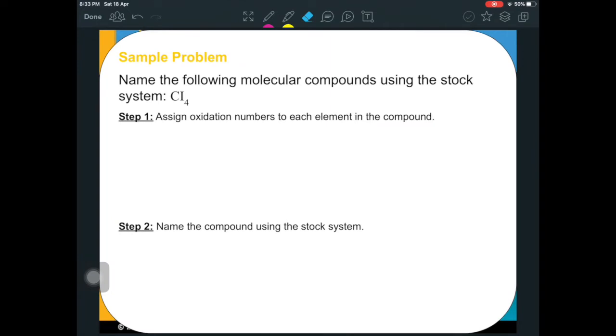Now let's try another example. Here we go, CI4. In this case, what you need to do is go to the second rule that we talked about. It's way earlier in the slides. Remember, you're always going to be referring back to those rules, and you're going to find the oxidation number of the one with the highest electronegativity. So in this case, it's going to be iodine, okay?